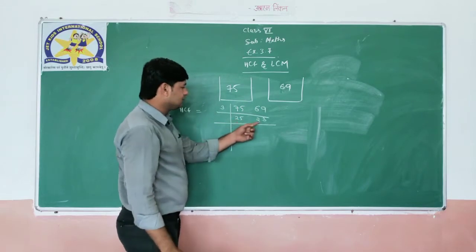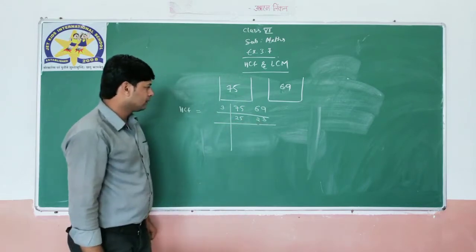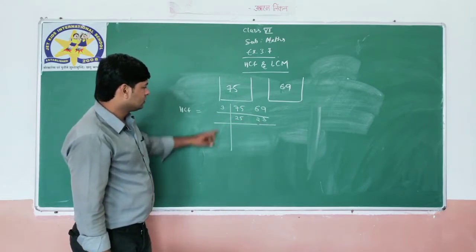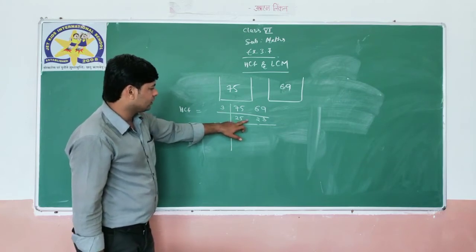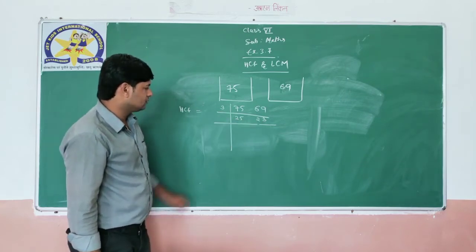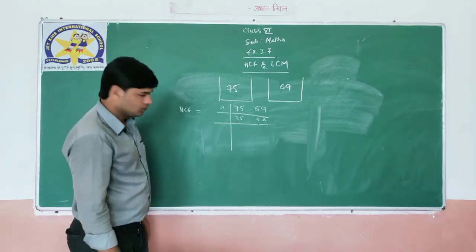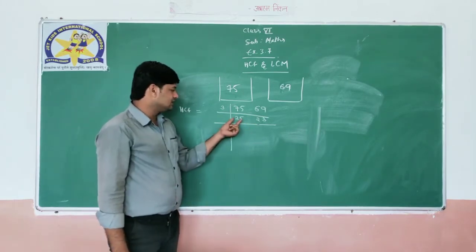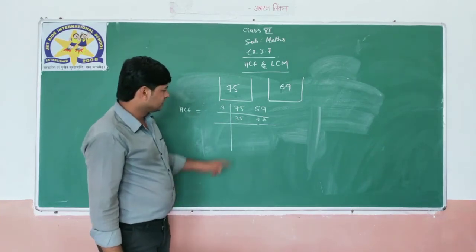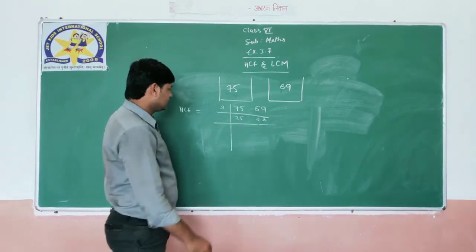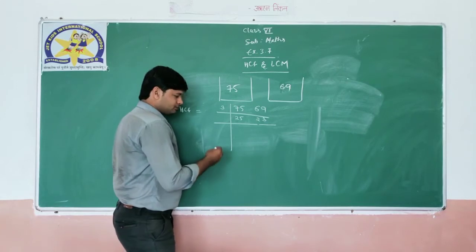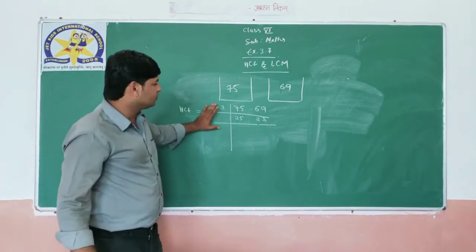Now, is 25 or 23 divisible by 2? No. By 3? No. Then, by 5? Yes for 25, but not for 23. You know very well how to do it.